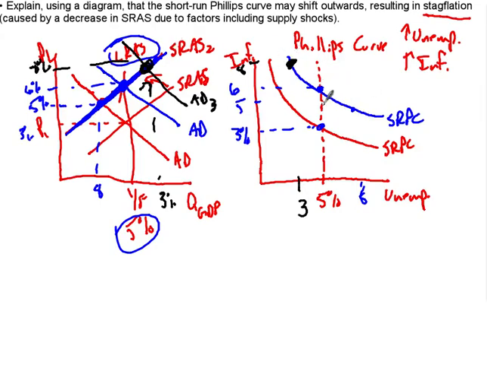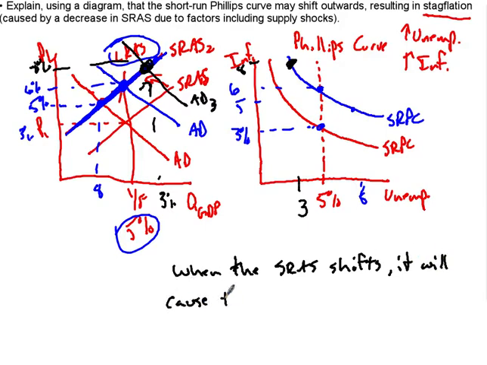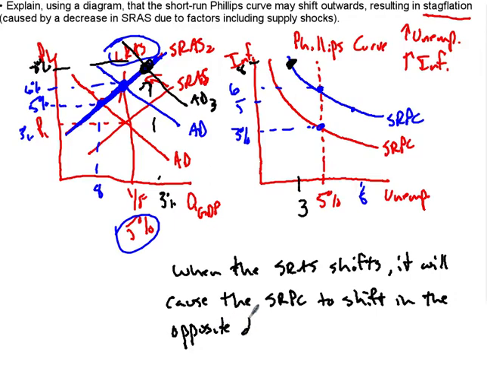All right, and so the relationship here is, let me just write it out, when the short run aggregate supply curve shifts, it will cause the short run Phillips curve to shift in the opposite direction.